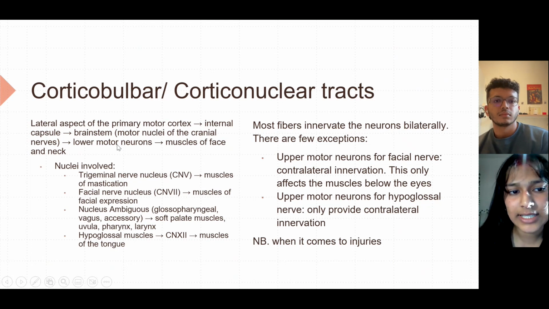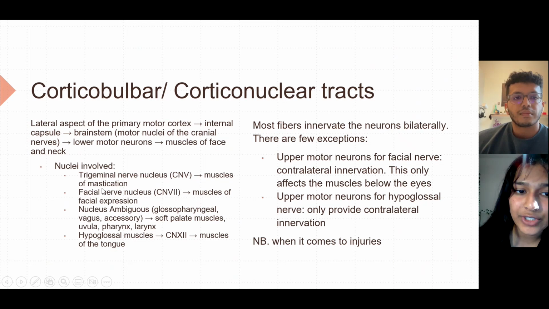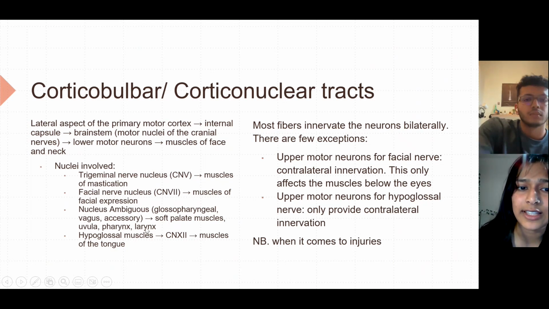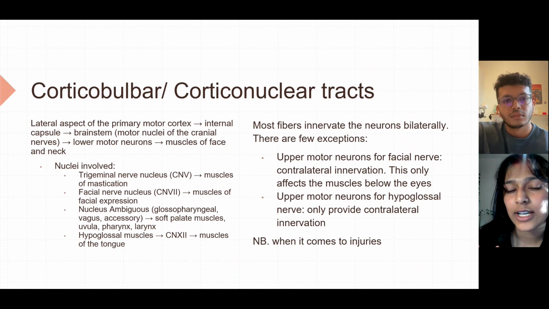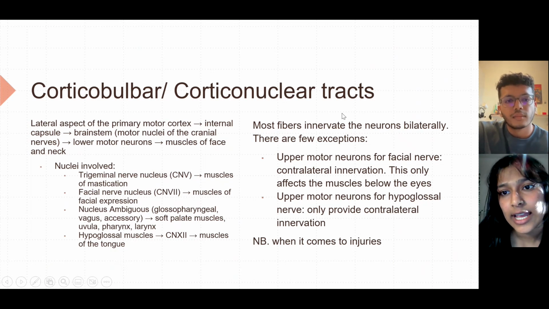The ones that end in the trigeminal nerve nucleus are responsible for the muscles of mastication, the facial nerve nucleus, the muscles of facial expression, nucleus ambiguus, soft palate muscles, the uvula, the pharynx, and the larynx. So it's what controls the muscles that are responsible for speech, and hypoglossal muscles for the tongue.